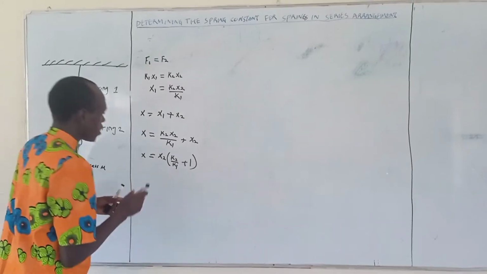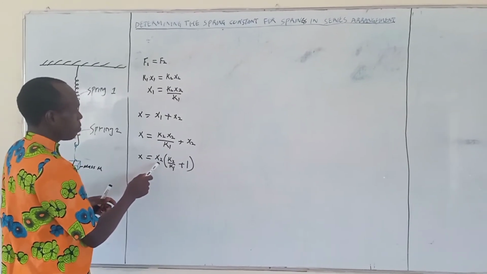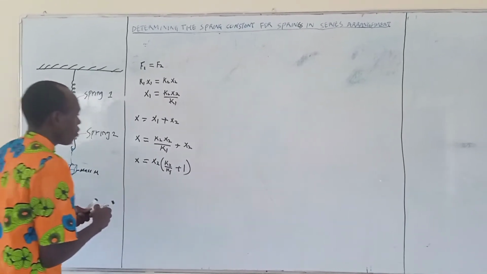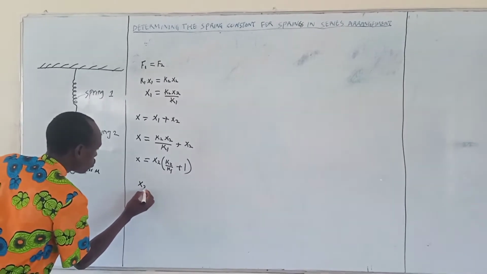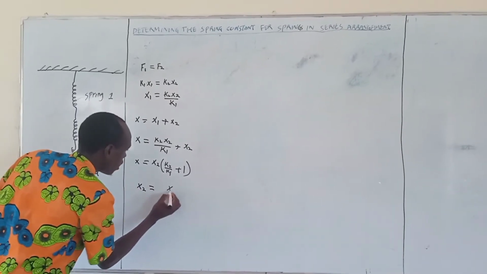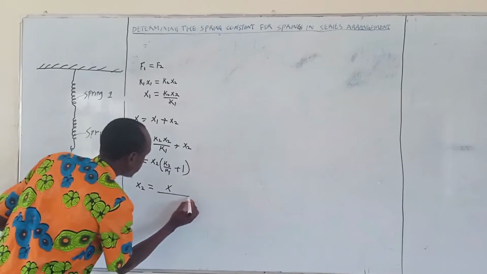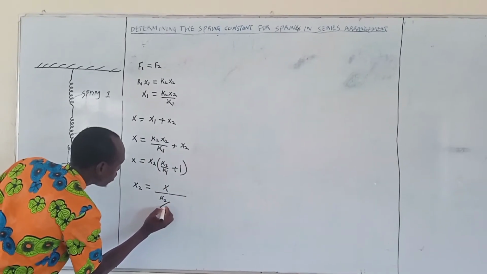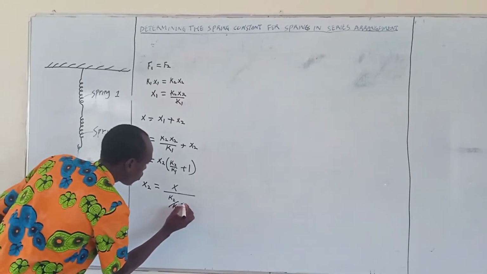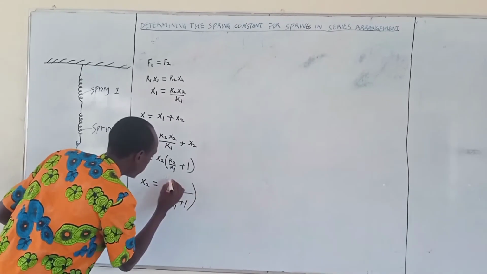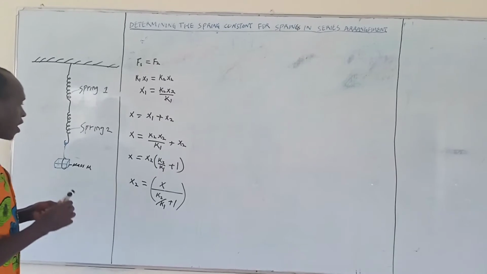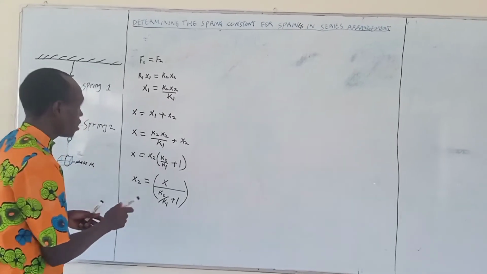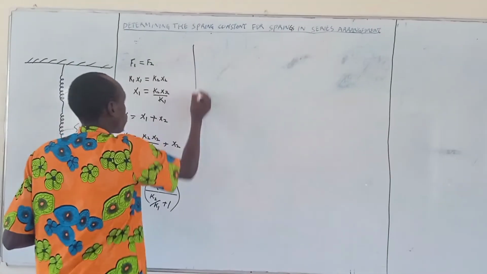We can choose to remain with X2 as the subject of our formula, so that X2 can be given as X divided by the whole of K2 divided by K1 plus 1.